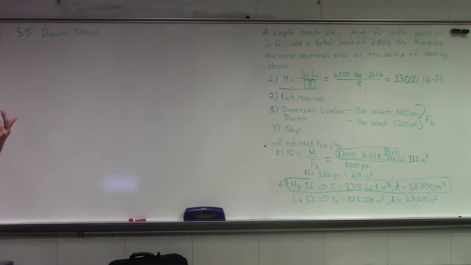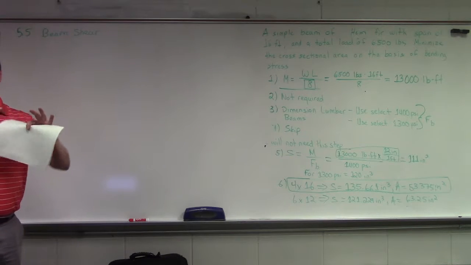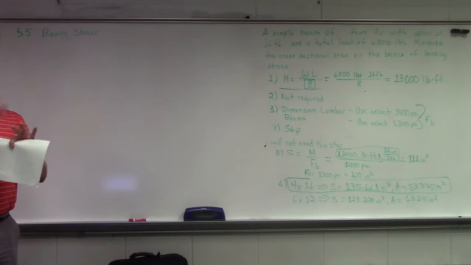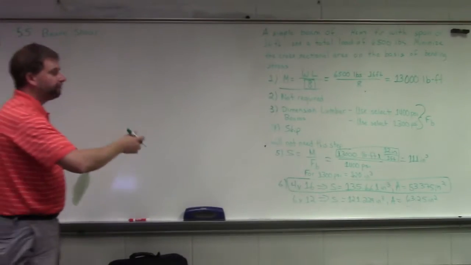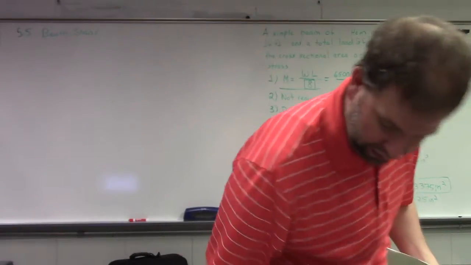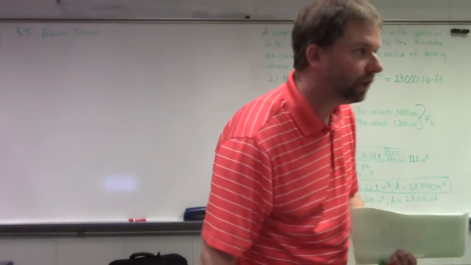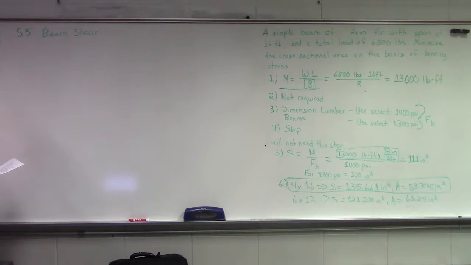Remember when we were looking at concrete, it's truly bending in flexure, but when it fails, it's more of a vertical shear. Our wood beams are more going to want to shear on these edges, based on how they're being borne upon.